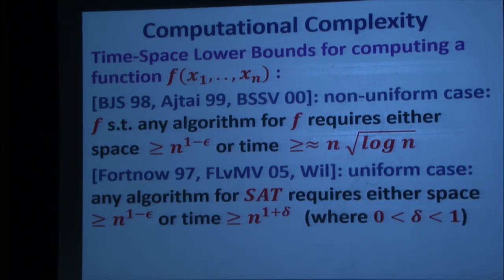And this line of works showed that any algorithm for SAT requires either space larger than n to the 1 minus epsilon or time larger than n to the 1 plus delta. This is for Turing machine, not for a branching program. And the delta is some constant between 0 and 1 that kept improving. So the best constant is by Ryan Williams.